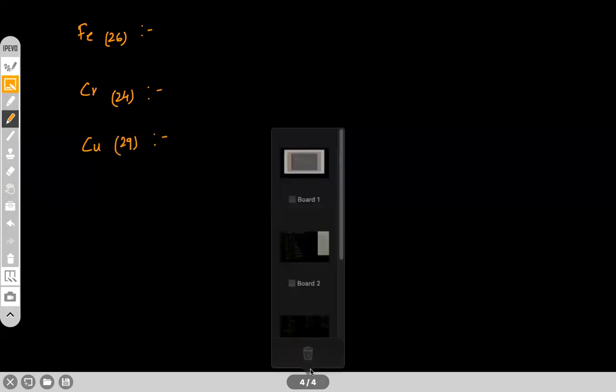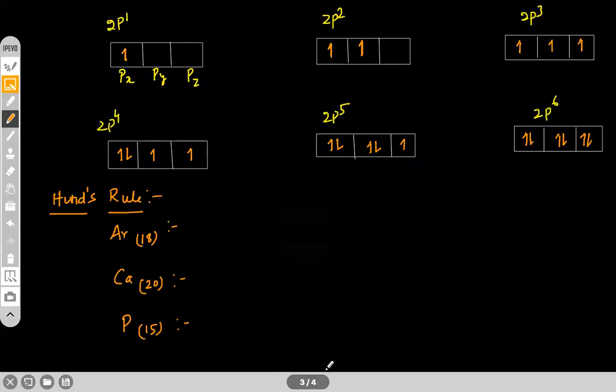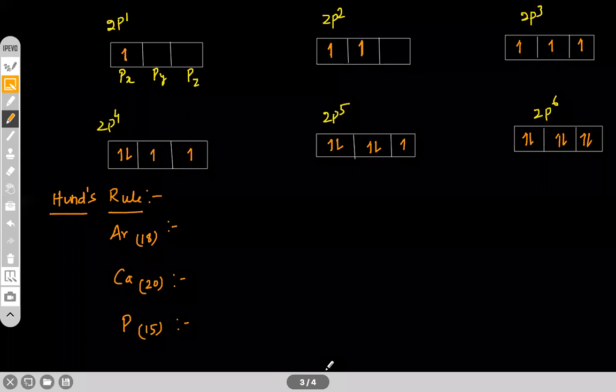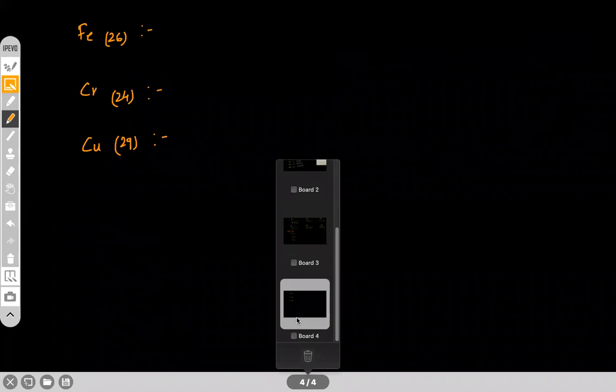And then copper, which has 29 electrons. Draw the electronic configuration for all these: argon, calcium, phosphorus, and then iron, chromium, copper. Try.